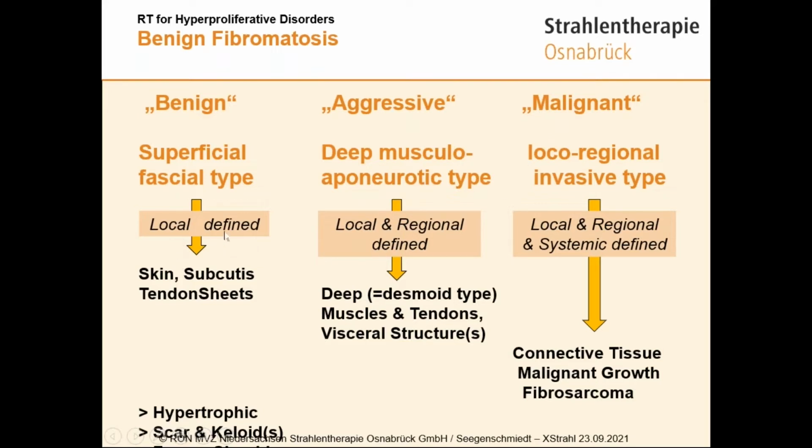The local, defined fibromatosis can occur in skin, subcutaneous tissues, and tendon sheaths, while the aggressive type can occur in deeper structures involving muscles, tendons, and vital structures, including organs.